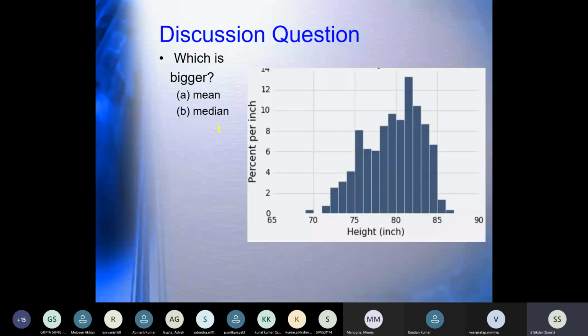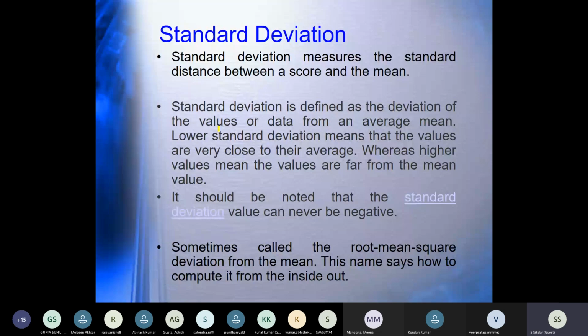You have to look at the actual distribution and calculate, and only then will you become very sure and certain. This is an example. Now, so far we have been discussing standard deviation. Now, what is the formal definition of standard deviation?